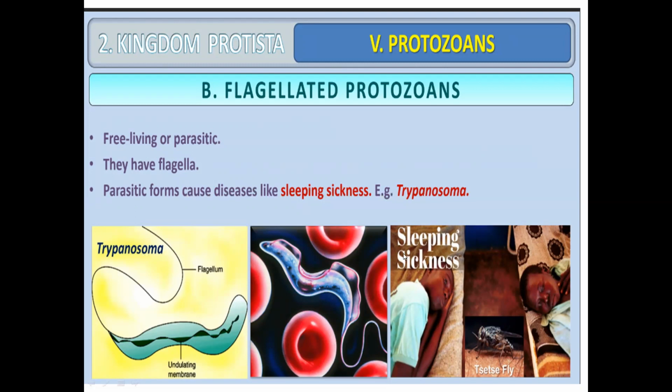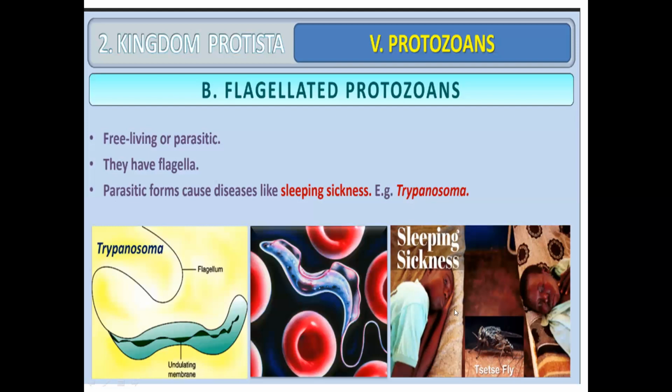This is sleeping sickness, and this protozoa, that is Trypanosoma, is carried by a fly called the tsetse fly. This fly will carry it from one person to another. If a person is suffering from sleeping sickness, this person will have Trypanosoma protozoa in the body.